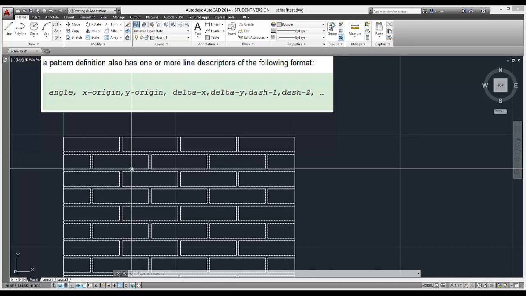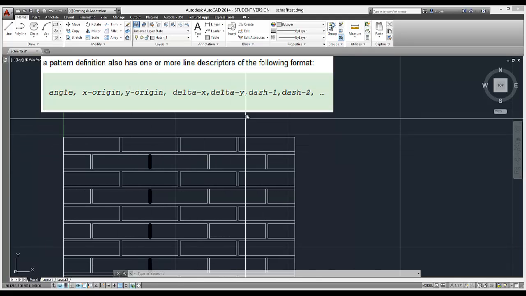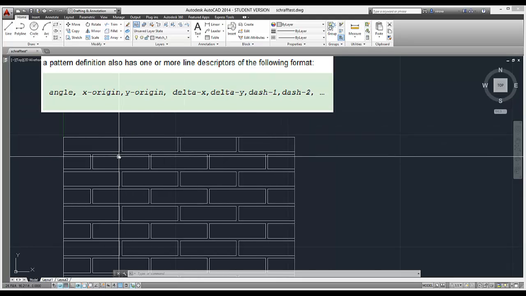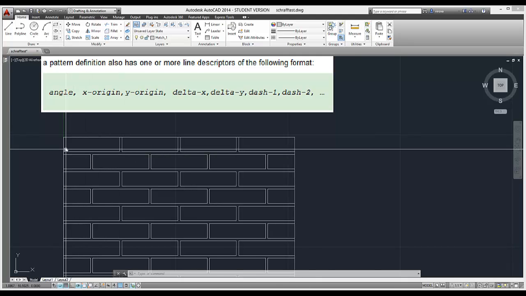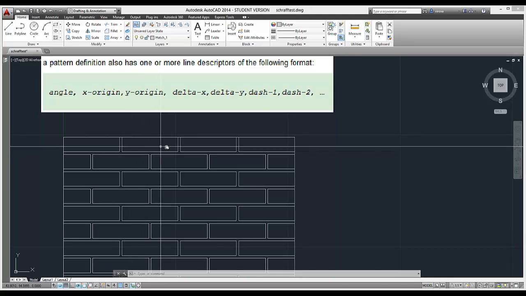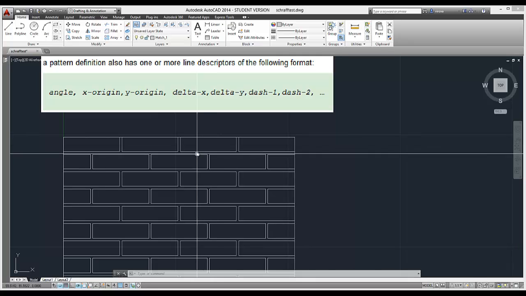So, for example, it's the distance between this line and this line. And then there's more values, dash 1, 2, and so on. What you can do with these is create lines that have blanks in them. So the value 1 would be this long drawn line, value 2 is the blank, then there's again the long drawn line. You don't need a dash value for each segment, of course, only if you want a change in segments.